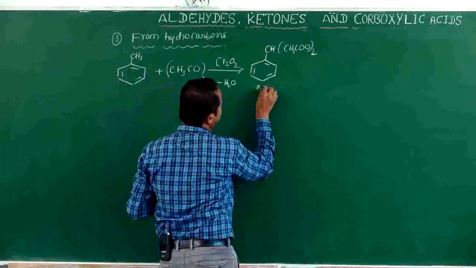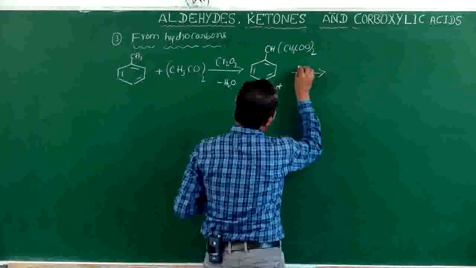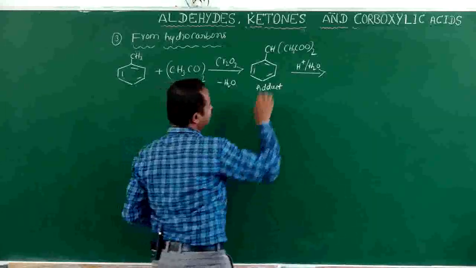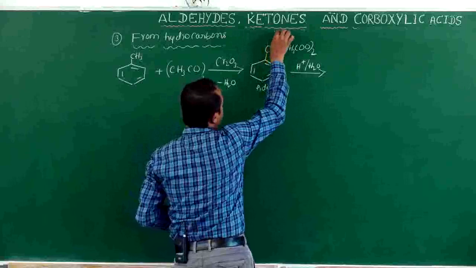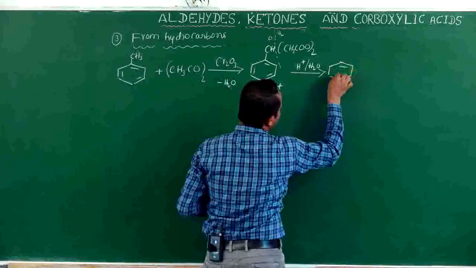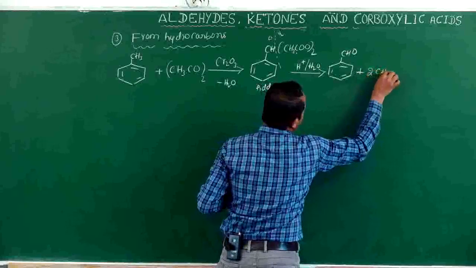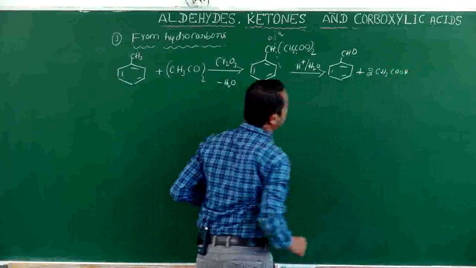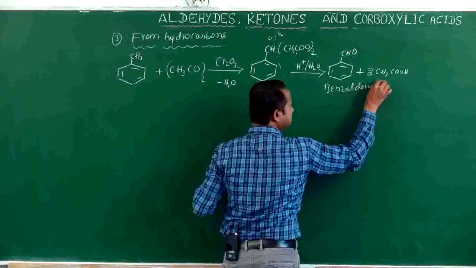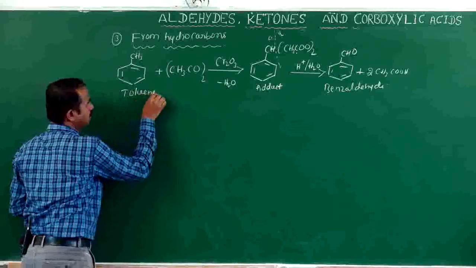This intermediate is called an adduct, which undergoes acid hydrolysis, H2O, to give C6H5CHO plus 2 molecules of CH3COOH. The product is benzaldehyde.